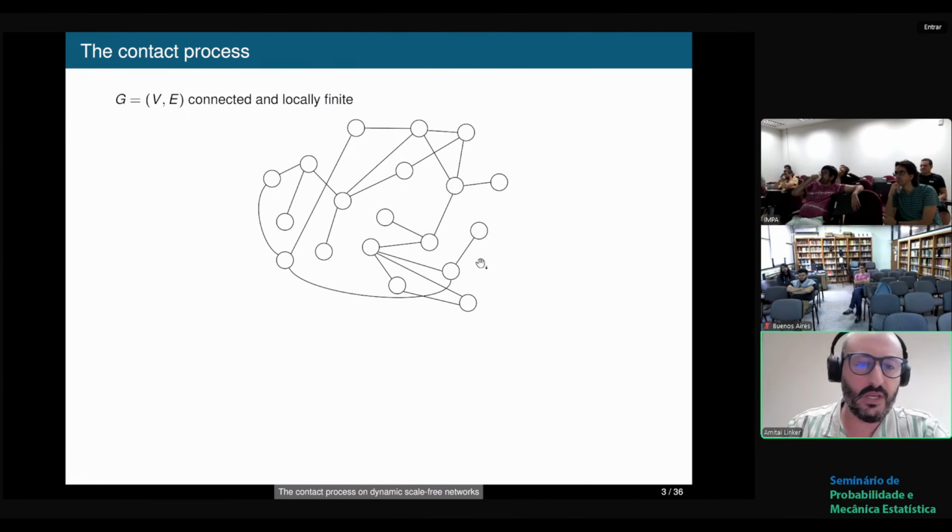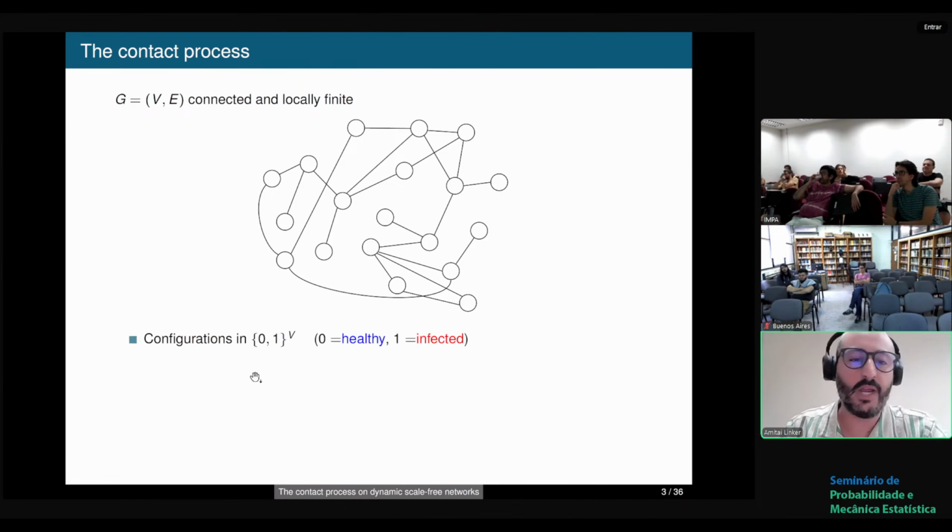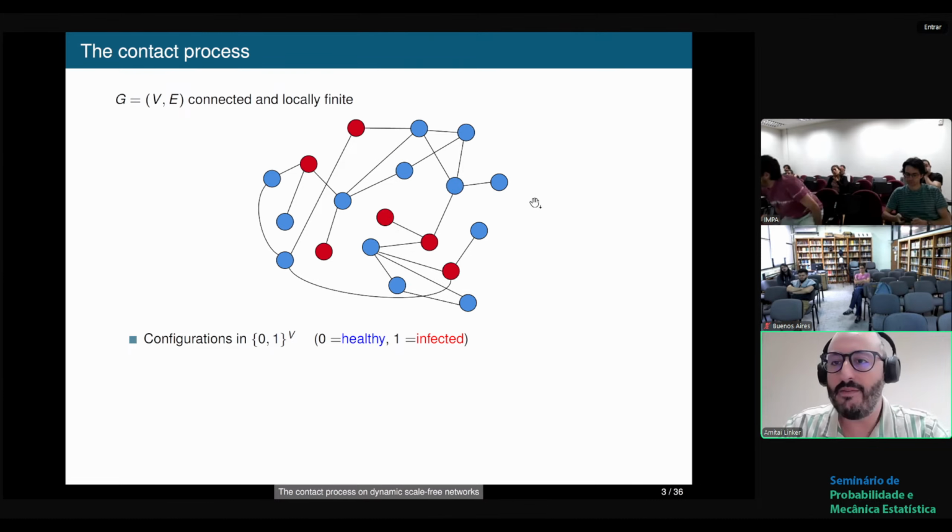We look at the configurations of the network in which each vertex is assigned to be either healthy with a 0 or infected with a 1. It can be done with colors as well, so I will do that just for visual effect. We are going to paint blue every healthy vertex and red each infected vertex.